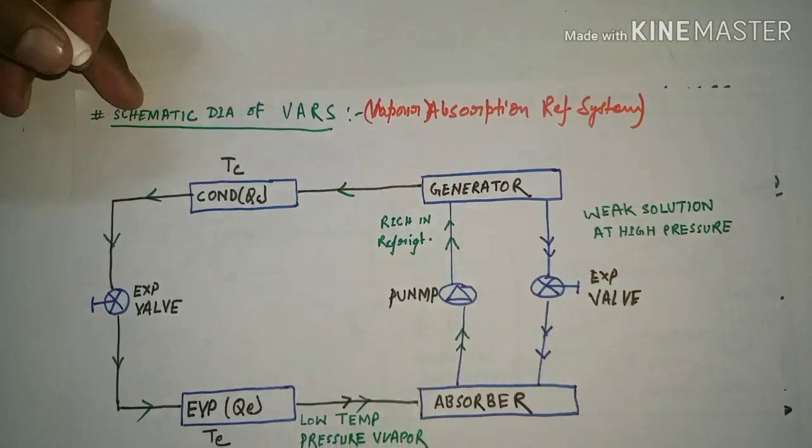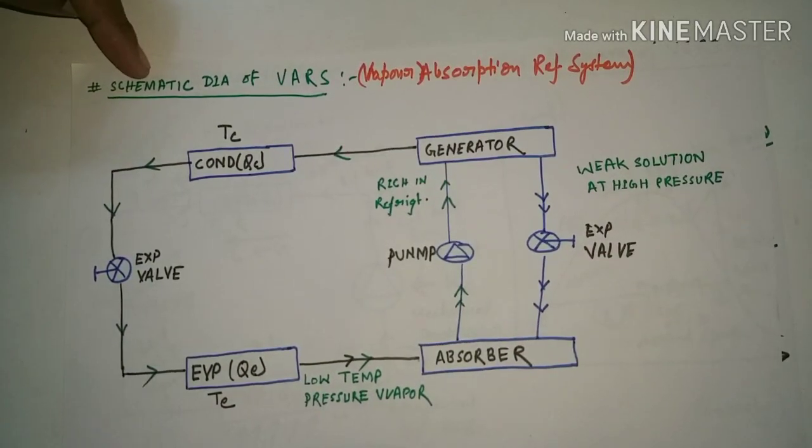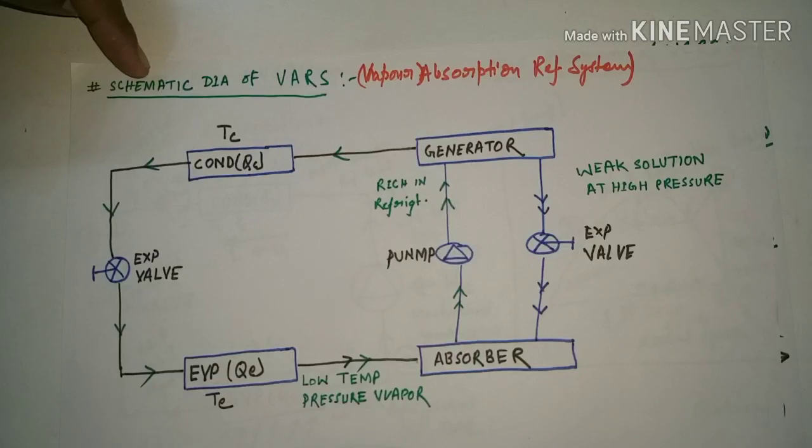What happens in VARS? The main difference between the vapor absorption refrigeration system and the vapor compression refrigeration system is the compression of refrigerant. The way by which we compress refrigerant in this refrigerant circuit is the only cause of difference between VARS and VCRS.